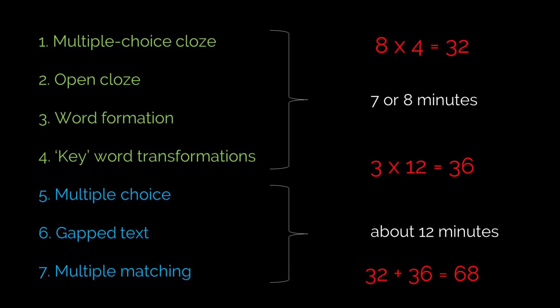That leaves you with 7 minutes extra to check that you've answered every question, answer maybe any difficult questions that you want to go back to. And also remember, you need to transfer your answers to the answer sheet. So you need some time for that.